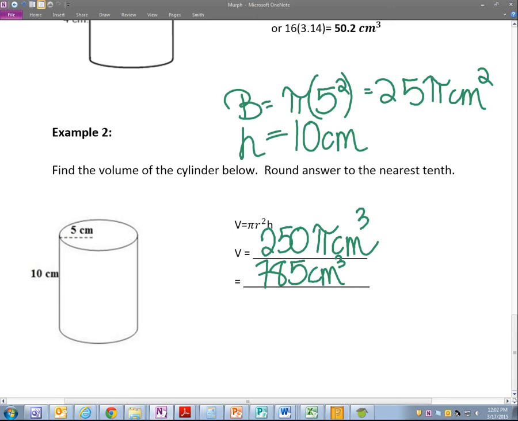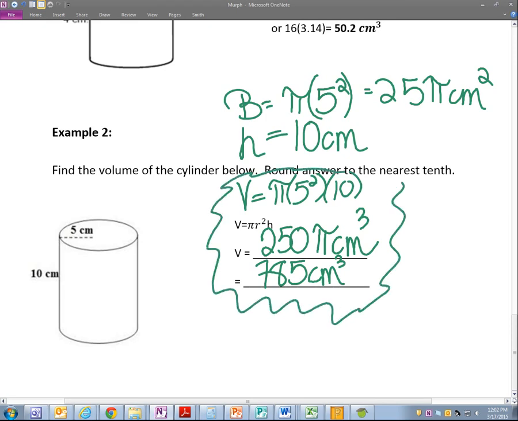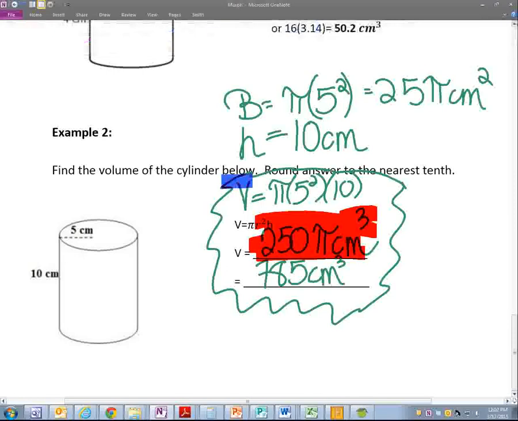What I expect to see on your homework would be this. Everything that's down here is an example of what I expect to see. Maybe not with that middle section. I do expect to see this part and this part.